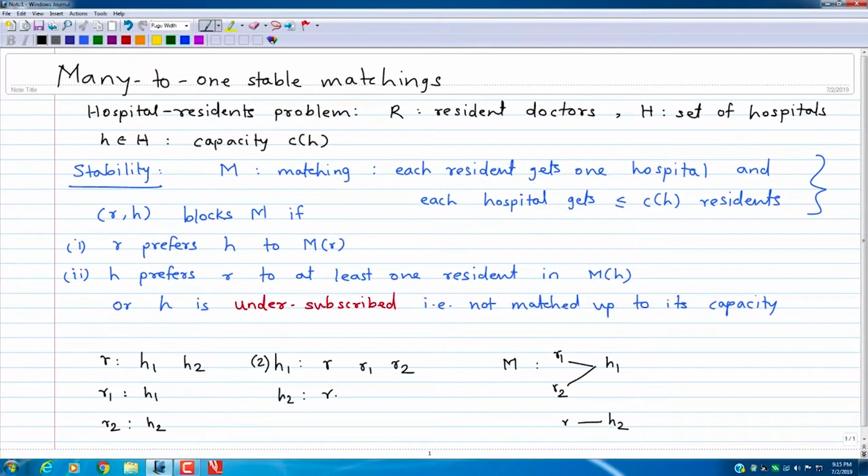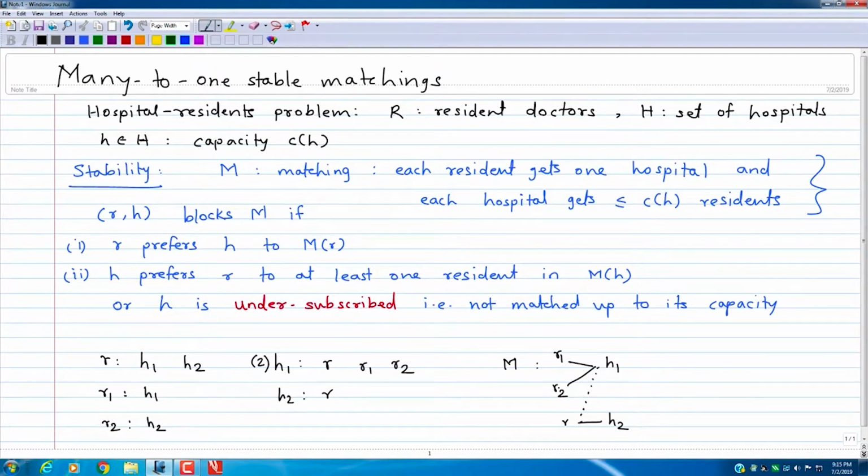So is this matching stable first of all? This is not stable, right? Because R is willing to go to H1 and H1 also likes R more than both R1 and R2. In fact, liking more than one of them is also fine.